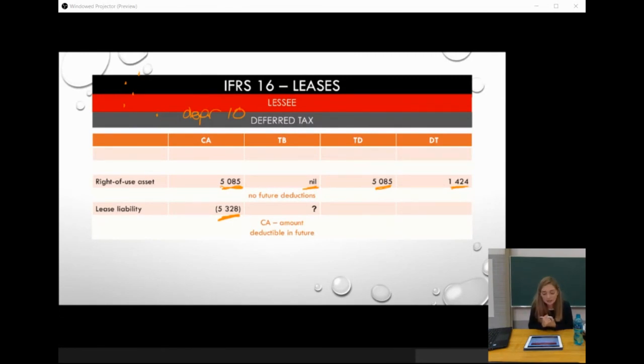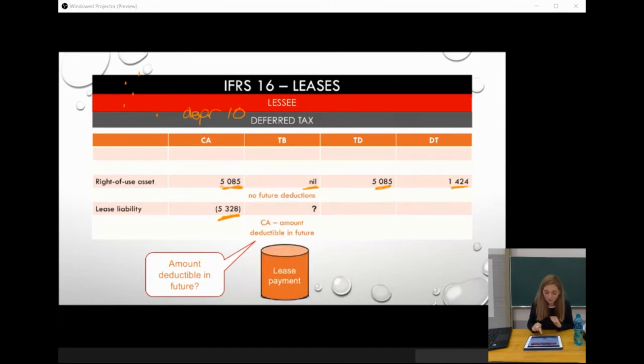Now, what do we do with our lease liability? What will the tax base be there? Tax base of a liability is the carrying amount less the amount deductible in future. What will be deductible in future? For the lease liability, we are going to get a deduction of our lease payments. Full lease payments we are going to get as a deduction.